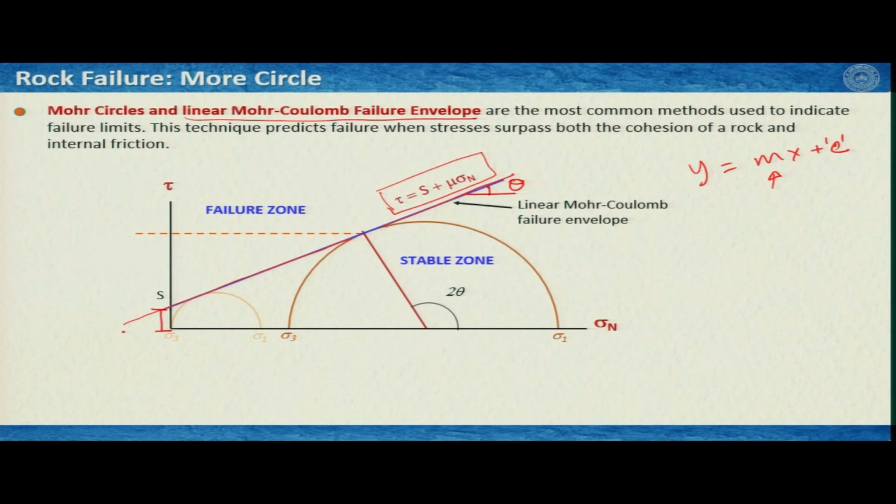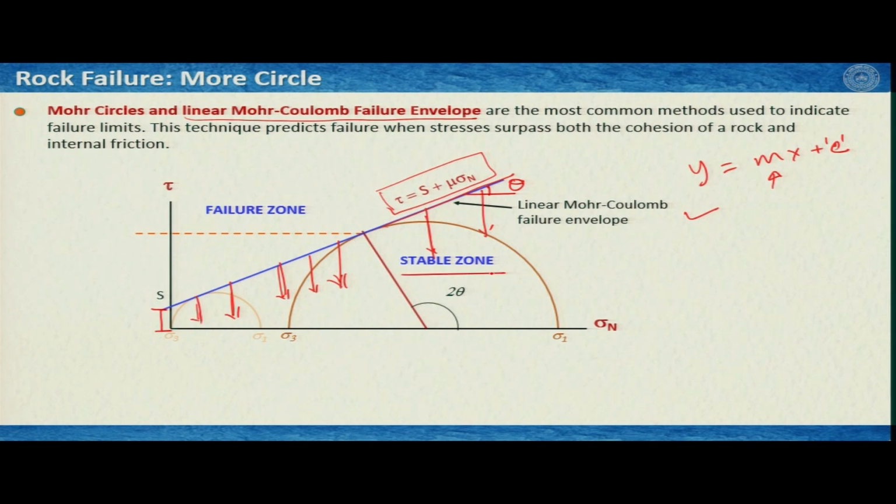Now, what is the importance of this line that we are drawing, or the linear Mohr-Coulomb failure envelope? If the applied stress stays below this line, then the rock is not going to produce any fracture.